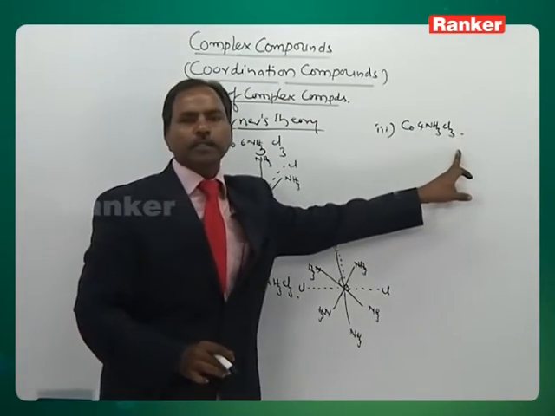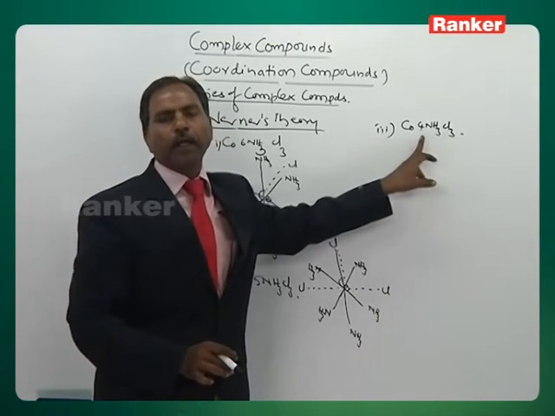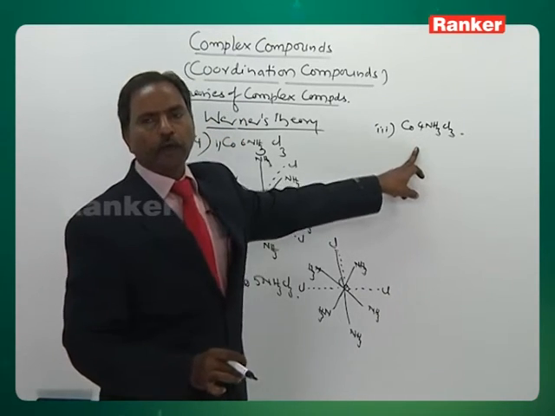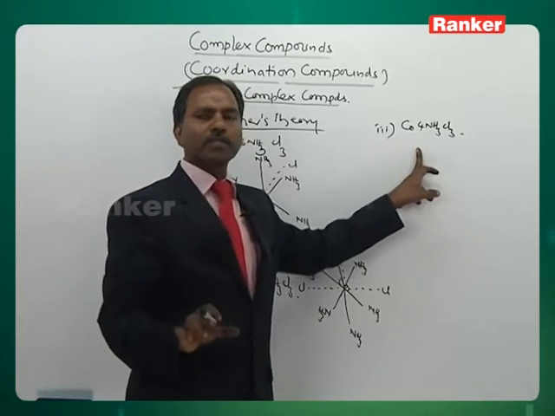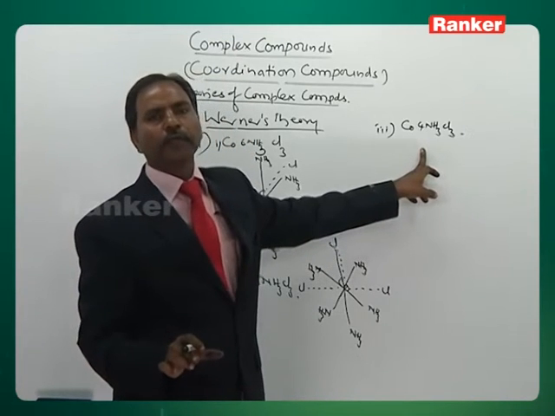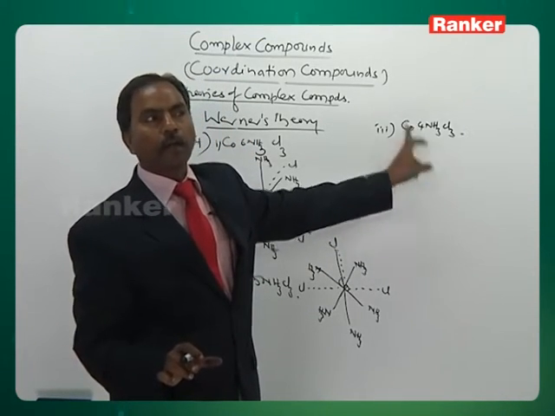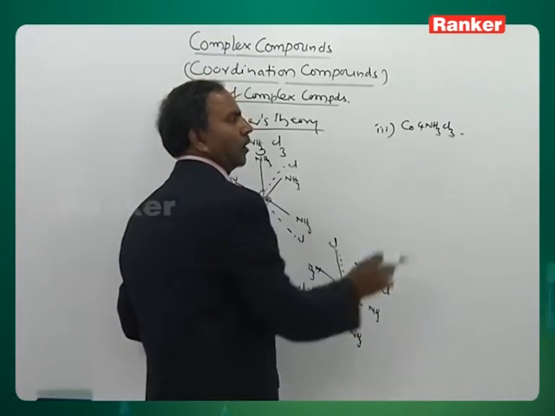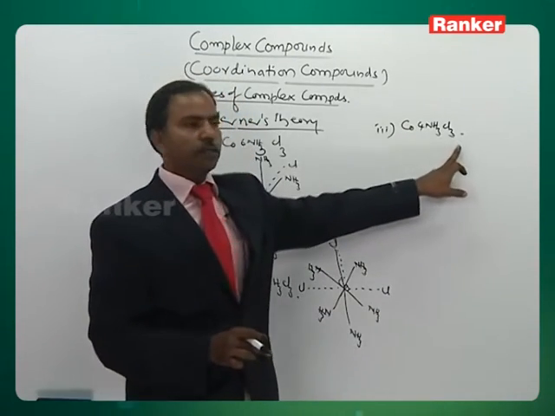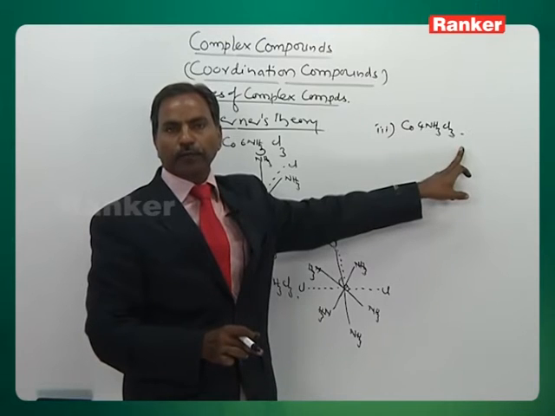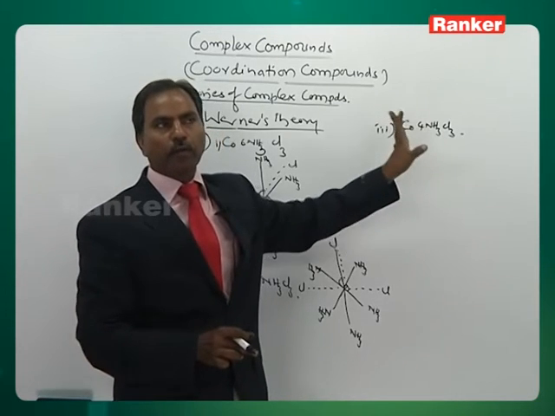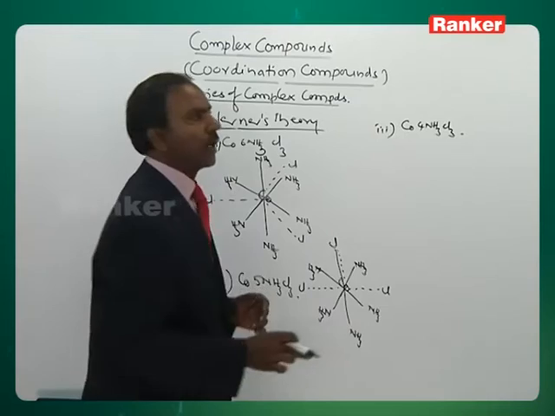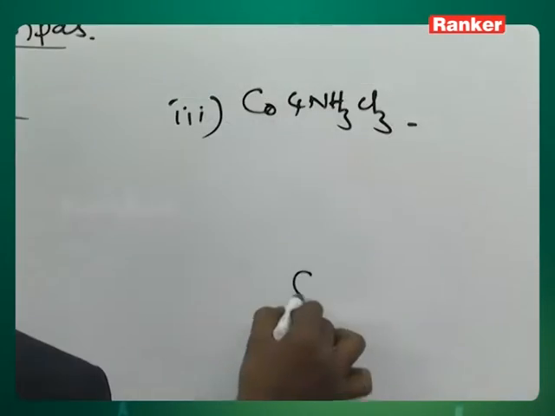Cobalt oxidation number is +3 and primary valence is 3. If primary valence is 3, secondary valence is 6, well known to us. In this, only 4 amine ligands are there, and the remaining 2 ligands have to satisfy both primary and secondary.